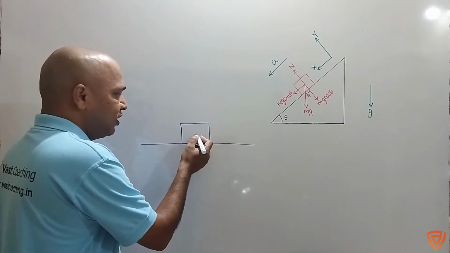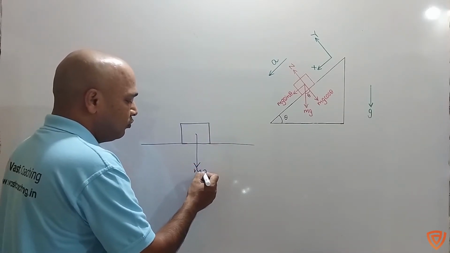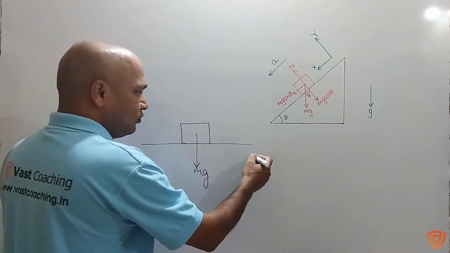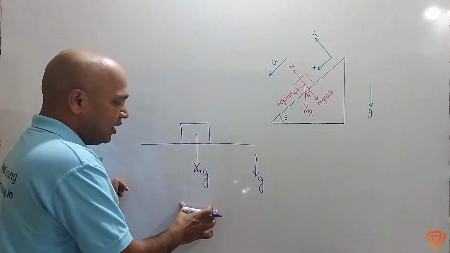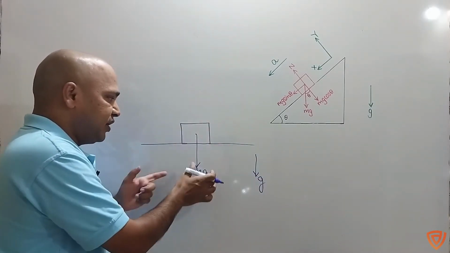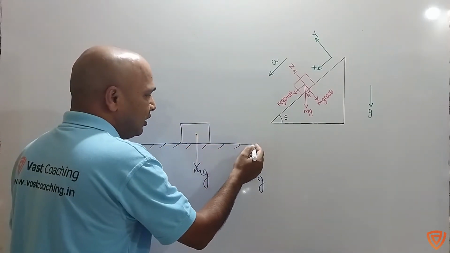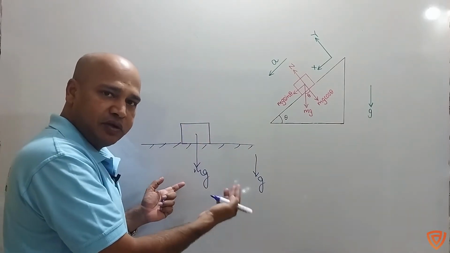So what are all the forces? Of course, it has a weight. Weight will be mg, which always acts towards gravity, and the direction of gravity is always downwards. Since the weight is acting on this horizontal plane, there will be a normal reaction, by Newton's third law.